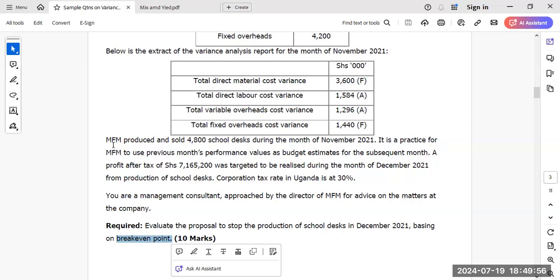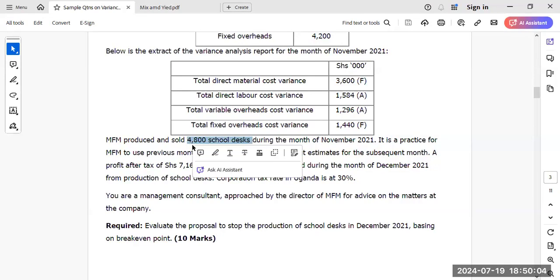So they are telling us that MFM produced and sold 4,800 school desks. Now you have the actual number of school desks that were produced and sold during the month of November 2021. It is a practice for MFM to use the previous month's performance values as budget estimates for the subsequent month.